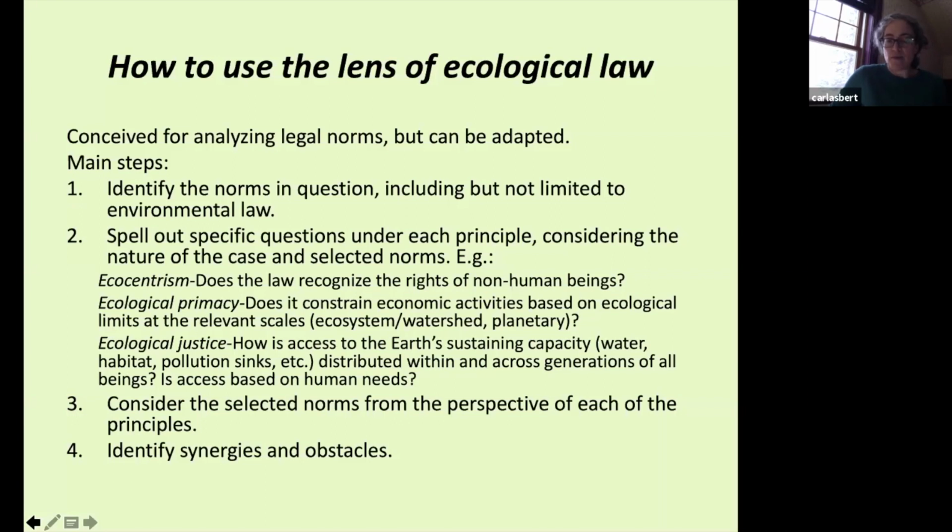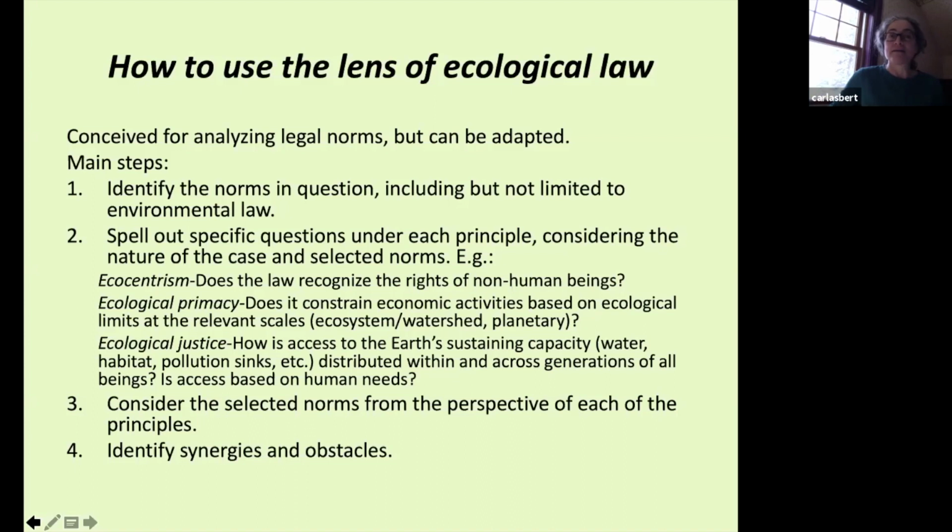And so, for example, in my mining case studies, I focused on norms governing access to minerals and governing decisions about what, why, where, how to mine, and who decides. So that was the extra lens that I used to decide what norms were relevant for my purposes.